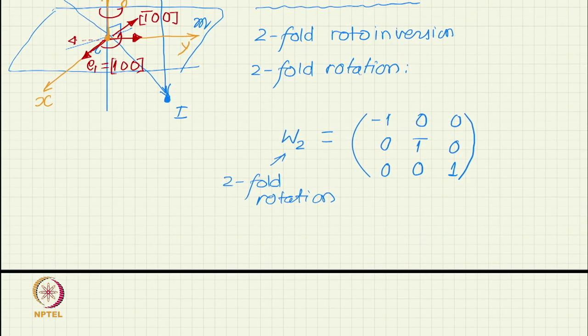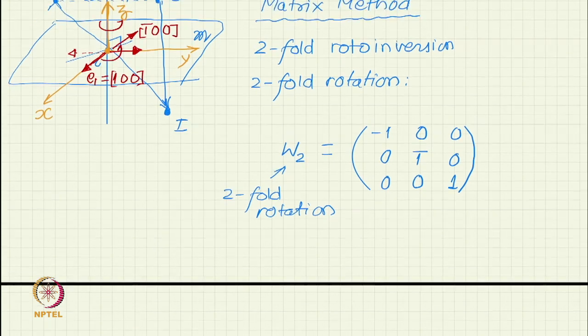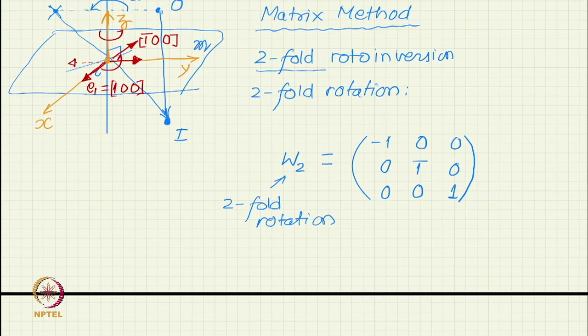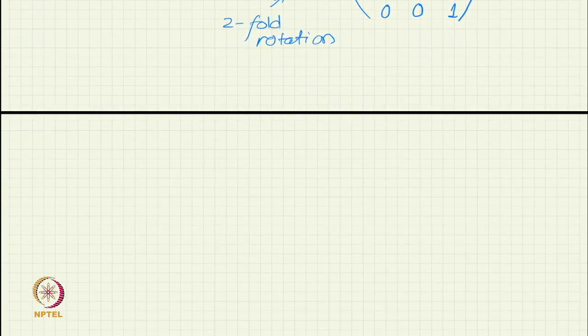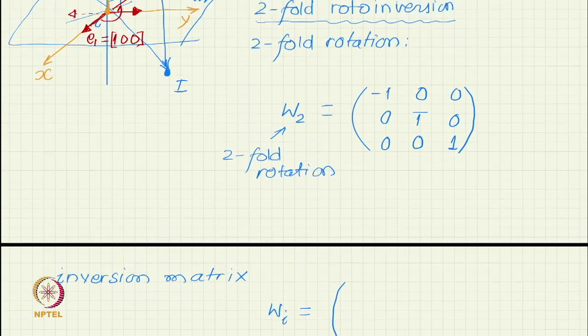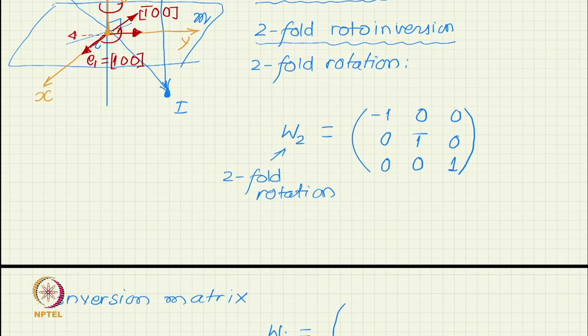Now, if it was a two-fold rotation, the matrix was complete, but I want to find the matrix for two-fold roto-inversion. So, I have to have a matrix for inversion also. Who will tell me the inversion matrix? What will inversion do to E1?